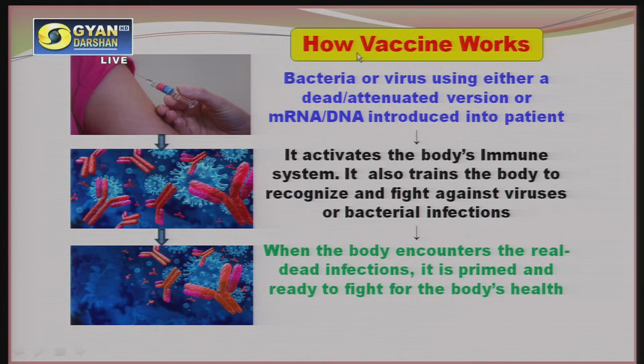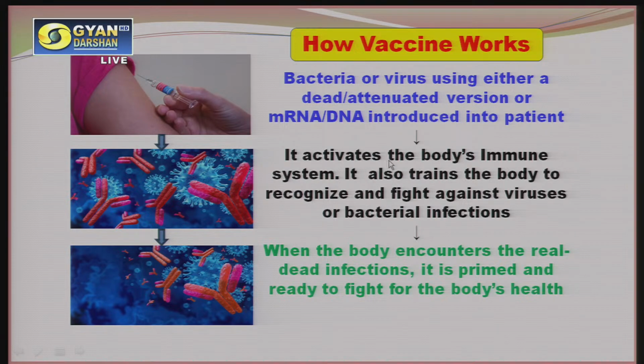This is a scheme of how a vaccine works. It is one mechanism; various other mechanisms exist. Ultimately they improve the immune response against the particular infection. So that is how a vaccine works.